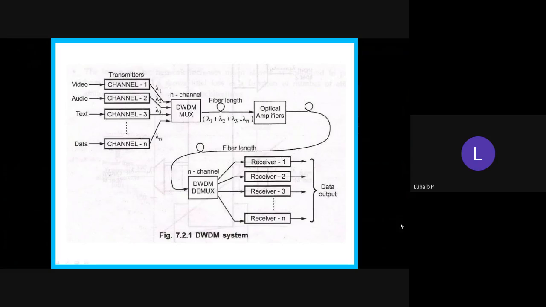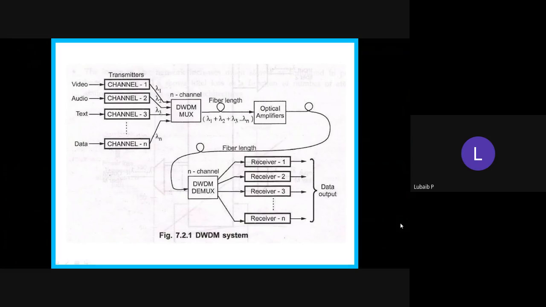These signals are fed to a dense WDM multiplexer. With more channels and less spacing, that's why we use a dense WDM multiplexer. These N channels are multiplexed into a single fiber carrying the different wavelengths lambda 1 plus lambda 2 plus lambda 3 up to lambda n.